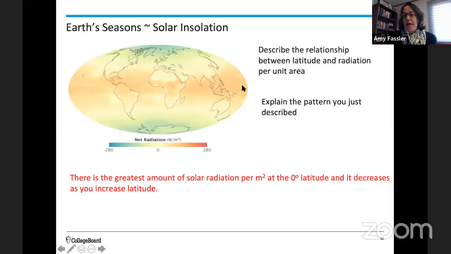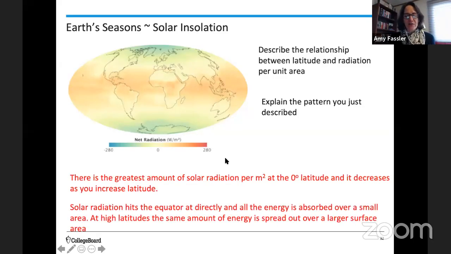I could simply say that as I increase latitude, I decrease the solar energy per unit area. That's basically what I said here. Just make sure that you get that the equator is 0 degrees and the North and South Pole are each 90 degrees. And I have that pattern repeat as I move away from the equator.